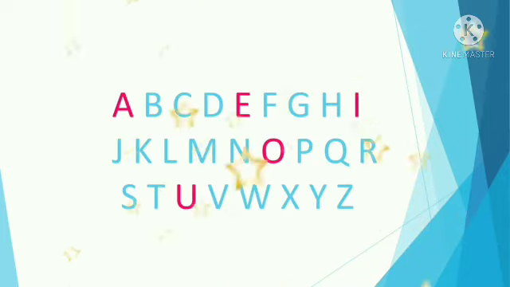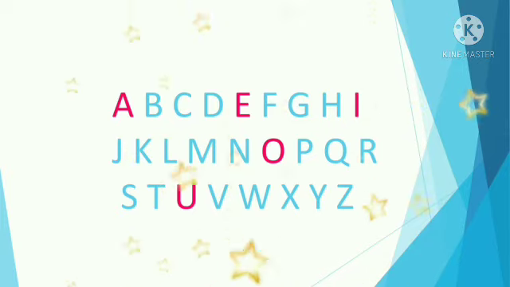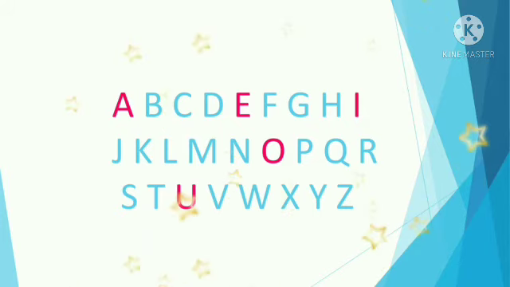We have studied that altogether there are 26 alphabets, out of which 21 are consonants and the remaining 5, that is A, E, I, O, U, are called vowels. So today we are going to learn a very interesting topic that is related to this vowels sound.